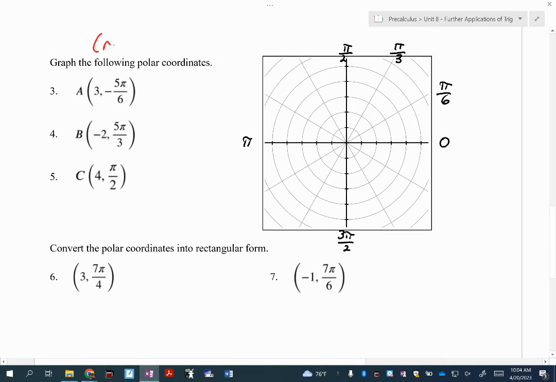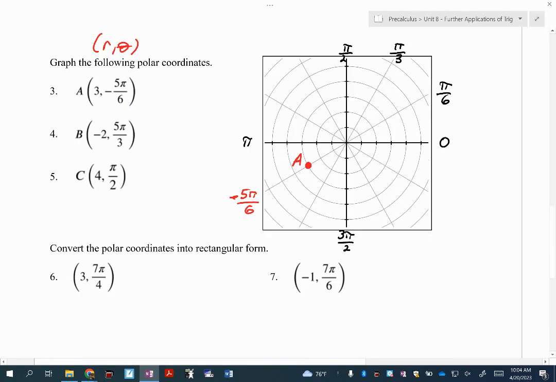The form here is r comma theta. So my theta is negative, which means I'll be moving in a clockwise direction of 5 pi over 6. So 1, 2, 3, 4, 5. So this one here would be negative 5 pi over 6. I guess I'll label it. And if I'm moving 3 units out from the center, 1, 2, 3, there is point A.